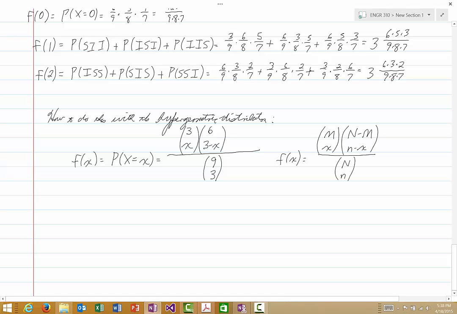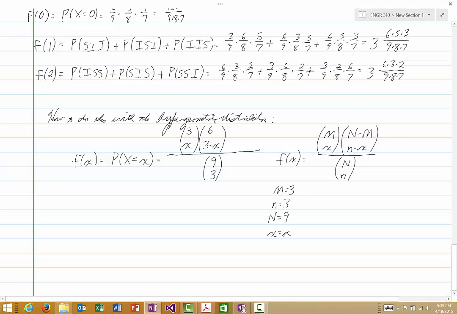And so you can see that the formula that we derived for this problem is exactly the hypergeometric formula, with little n equals 3, capital M is also equal to 3, capital N is equal to 9, and of course x is just equal to x.